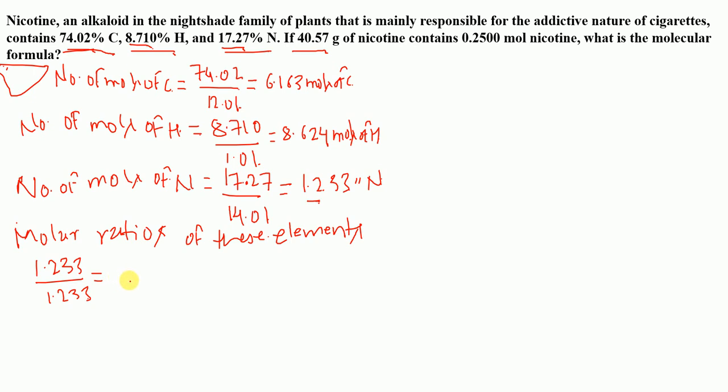So 1.233 divided by 1.233, this is 1 mole of nitrogen.